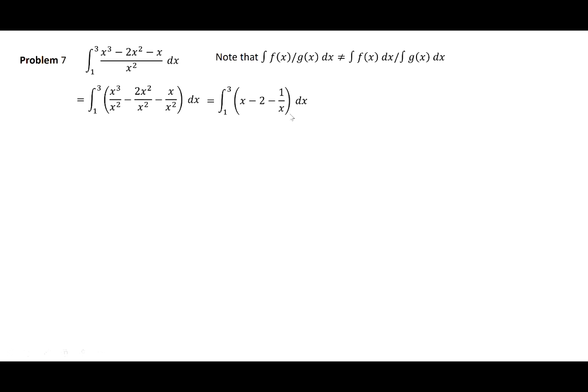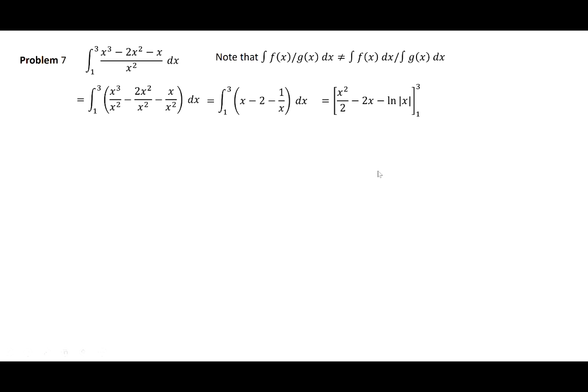Integral of 1 over x is natural log of absolute value of x. So be sure to say natural log of absolute value of x. What's the next step? Plug 3 for x minus plug 1 for x.